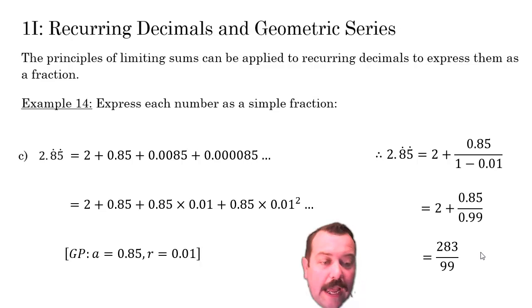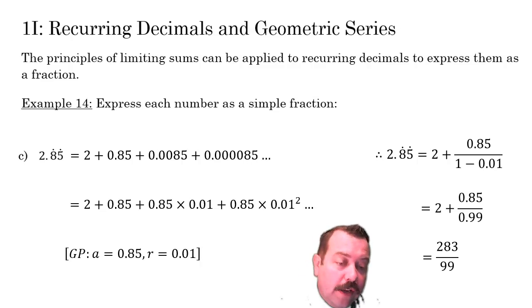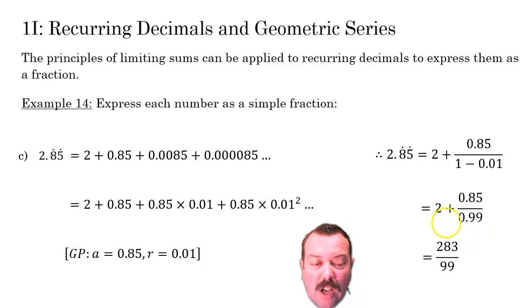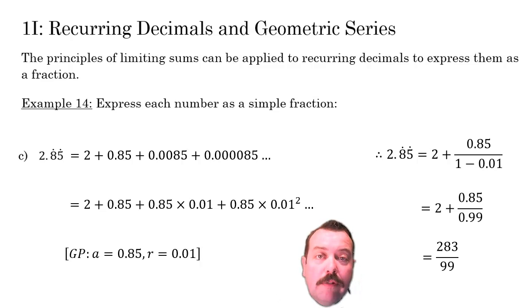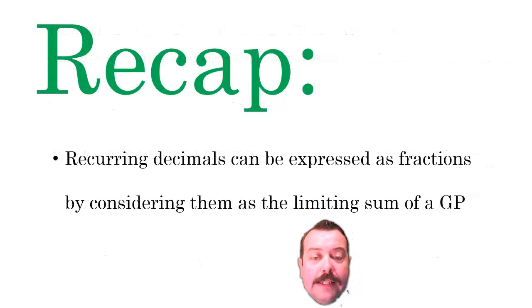So it could be 2 and 85/99, or if you like, 283 on 99. I probably prefer the improper fraction, but you could go for the mixed number too. That'll be fine. That's how we use the limiting sum of a GP to express a recurring decimal as a simple fraction.